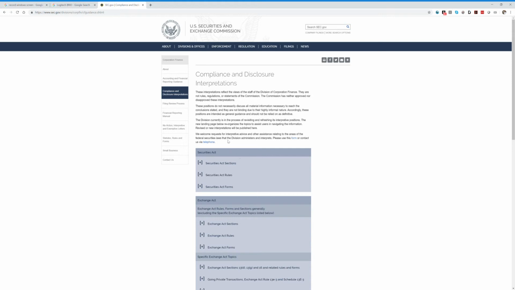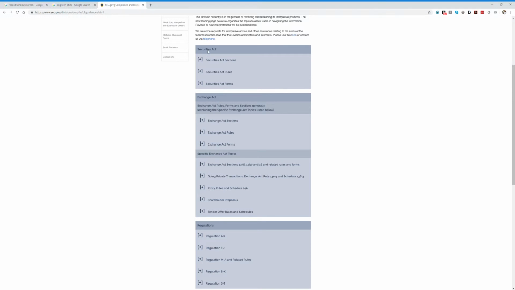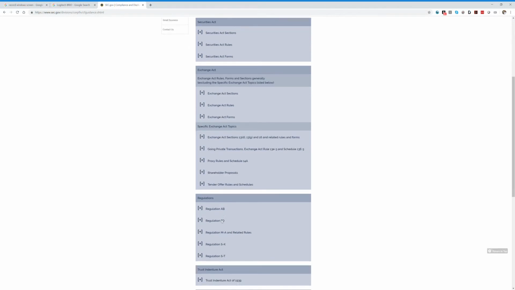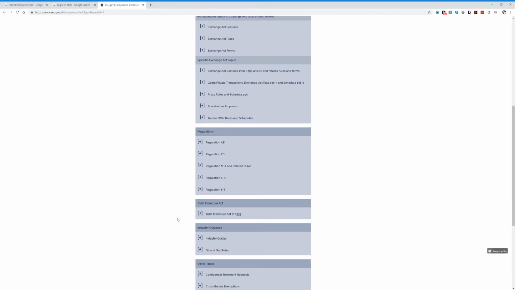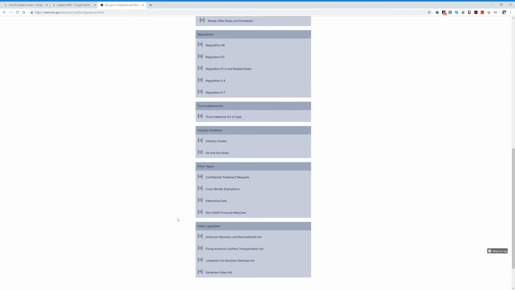As you can see, these are organized into various categories. There's a category for the Securities Act, the Exchange Act, and then various more specific Exchange Act topic areas, and then regulations, and then more specific category areas such as non-GAAP financial measures and these types of things.